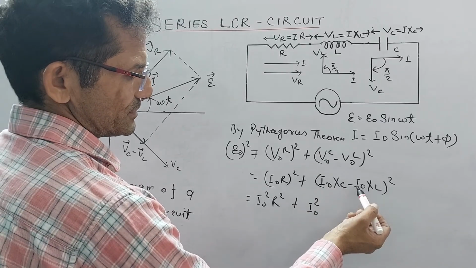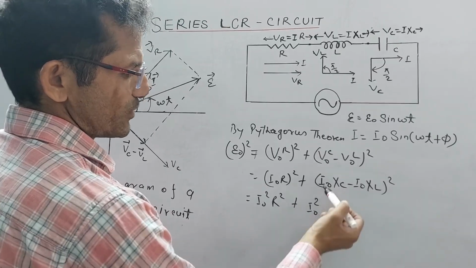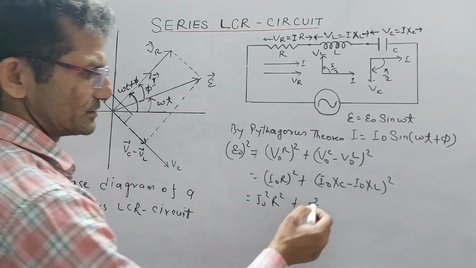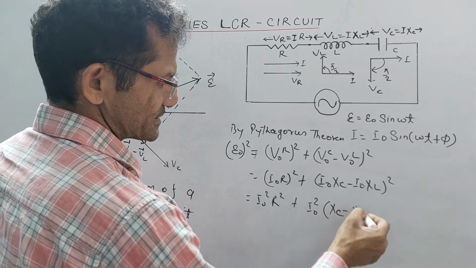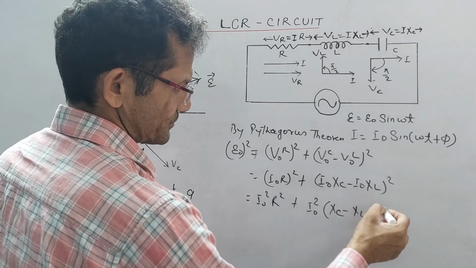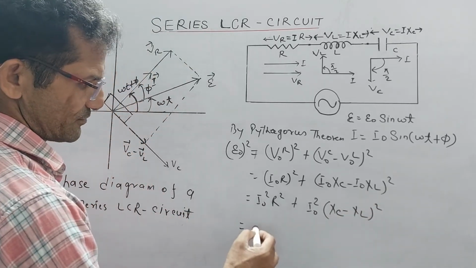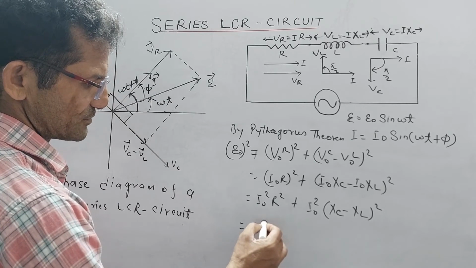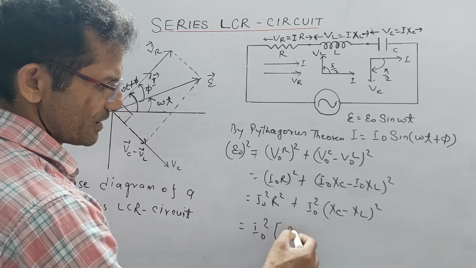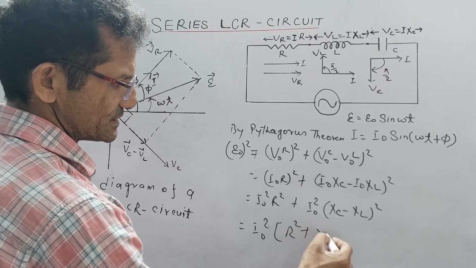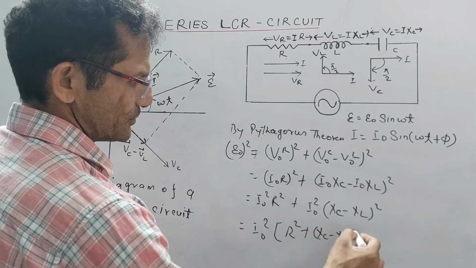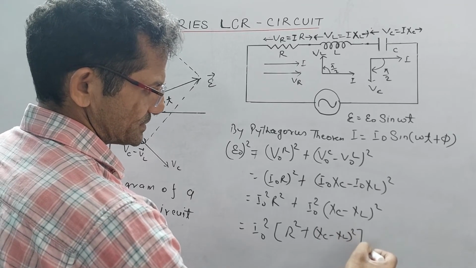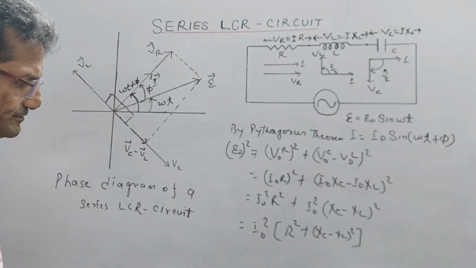I naught square, if you bring something from the square term, it again becomes square. So I naught whole square inside of this one will be XC minus XL whole square. So from here, if I calculate the value of I naught outside, R square plus XC minus XL whole square. So this is our impedance part.